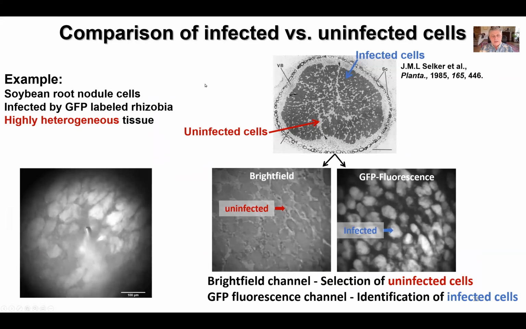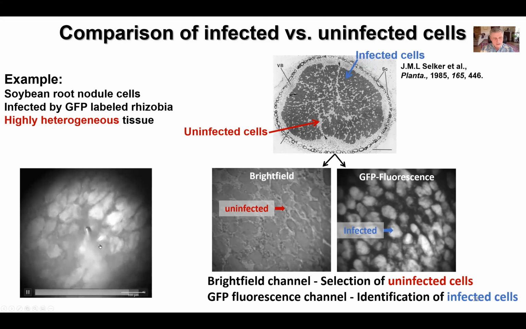Another example we were exploring was the root nodule cells in the soybean plant. This is particularly interesting because it's a very heterogeneous tissue. You have intermingled infected cells, infected by rhizobia, soil bacteria, and some cells that are not infected by rhizobia.